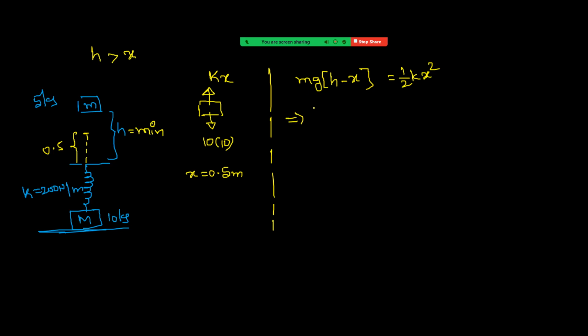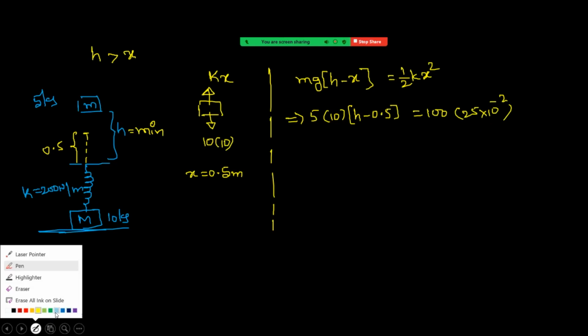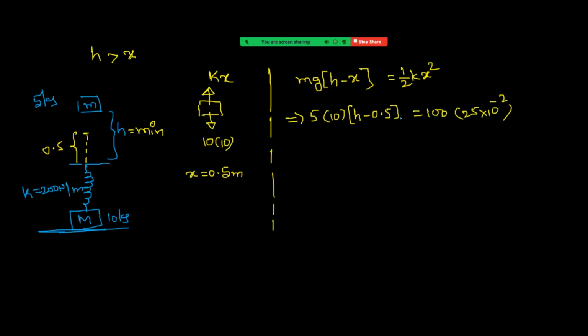Put values in this. m value 5. g 10. h we have to calculate. This x value half. Next k 200 and this is 2. So this becomes 100 x square. That becomes 25 into 10 power minus 2. Okay. See the calculation. 10 power minus 2 and 2 zeros cancel.